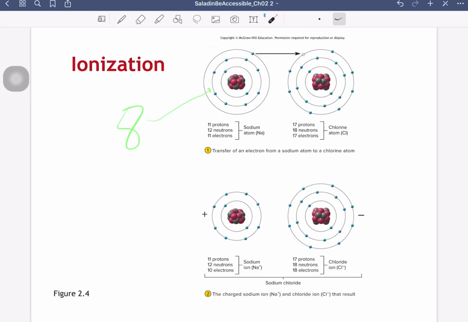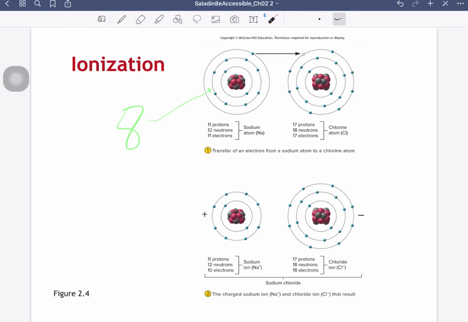So here we have pure sodium, right here. And it has just 1 electron hanging out there in its outer shell. And then over here, we have its good buddy chlorine. Once again, this shell is full, this shell is full. And then out here it has 1, 2, 3, 4, 5, 6, 7.